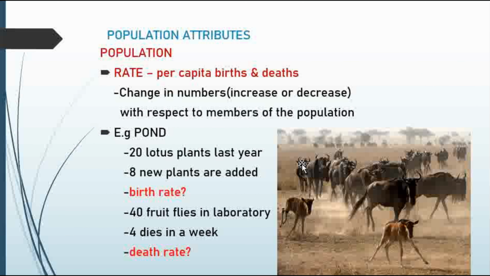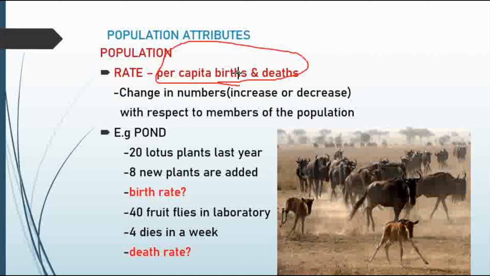And coming to the rate, what is the rate? In the population topic, rate means per capita births and deaths. In general, what meaning do we give for rate? It is a measurement of speed.